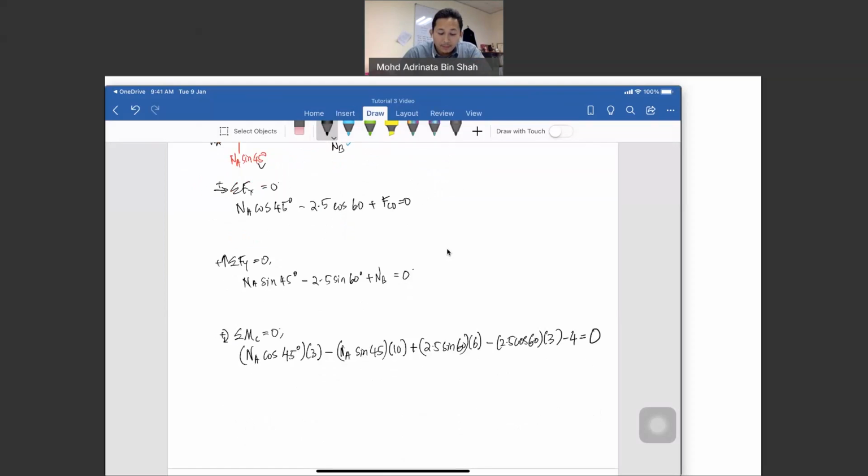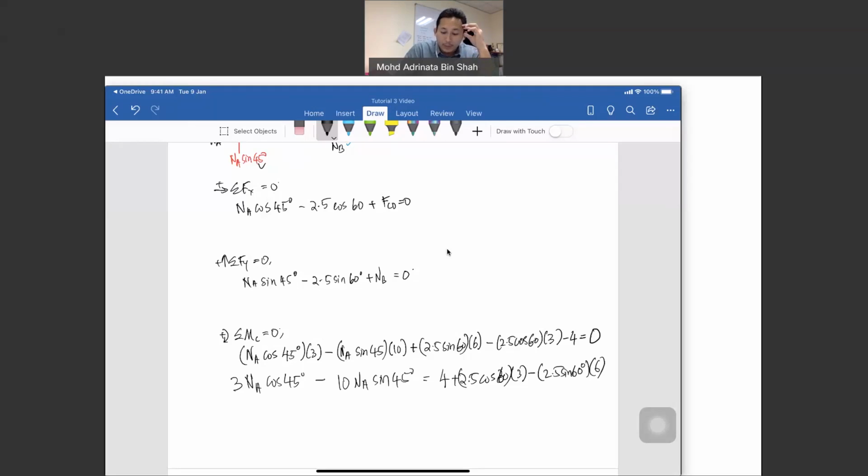Okay. From this one, you can solve that NA cosine 45 times 3 minus 10 NA sine 45 equals to 4 plus 2.5 cosine 60 times 3 minus 2.5 sine 60 times 6.